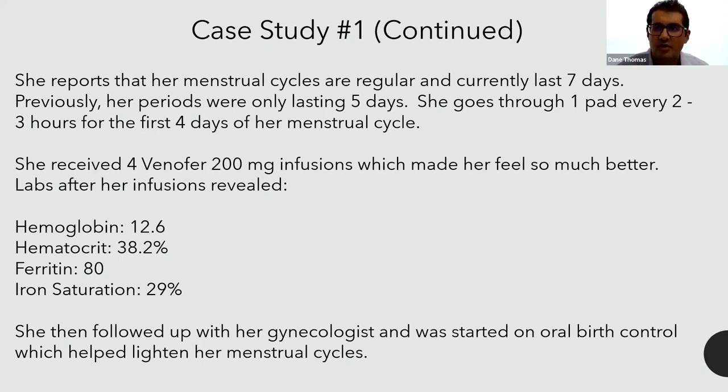Her labs after her infusions reveal a hemoglobin of 12.6, a hematocrit of 38.2%, a ferritin of 80, and an iron saturation of 29%. So all in all, much better values. She then followed up with her gynecologist and was started on oral birth control, which helped lighten her menstrual cycles and therefore resolved her iron deficiency.